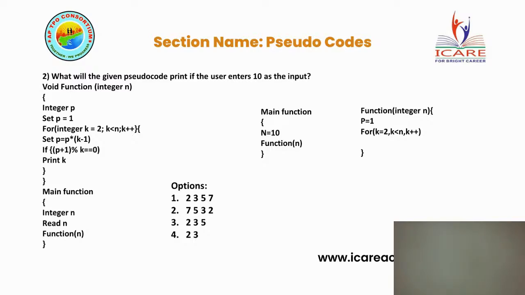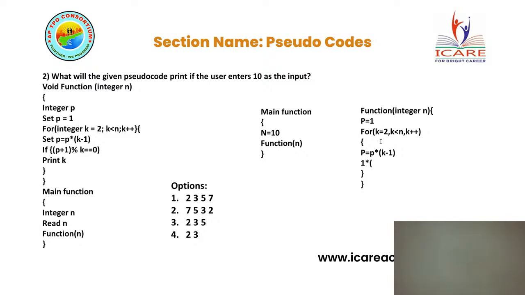Within the for loop, set p equal to p into k minus 1. We already know that p is previously 1 within the function. So p into k minus 1 means 1 into k minus 1.